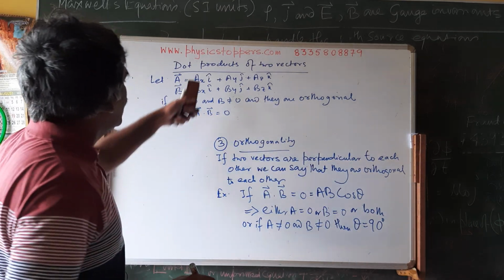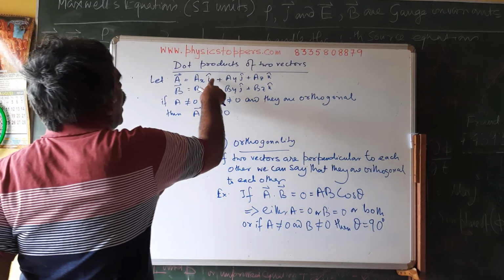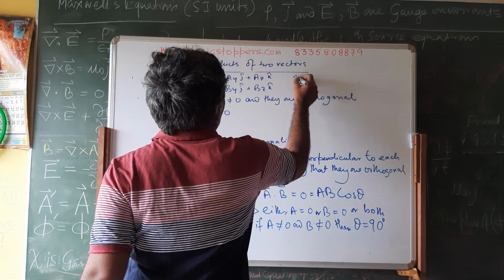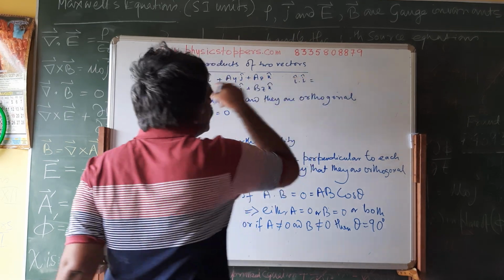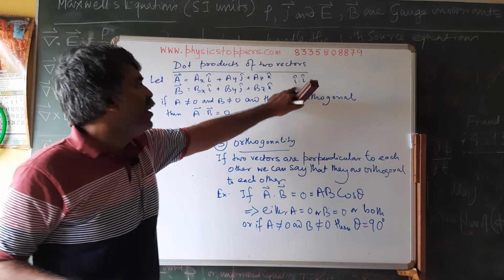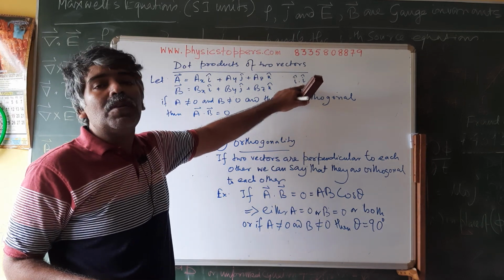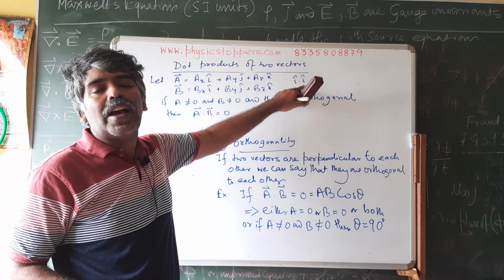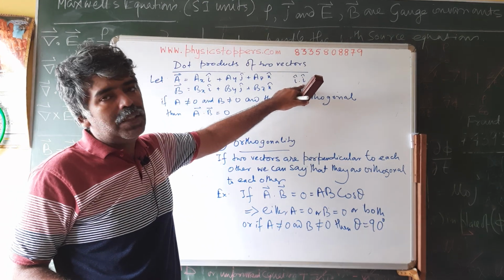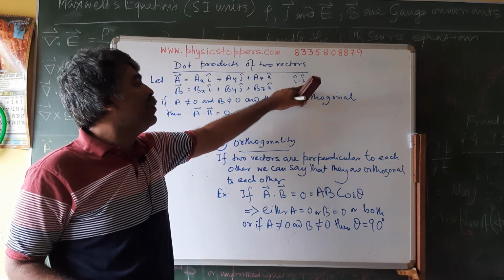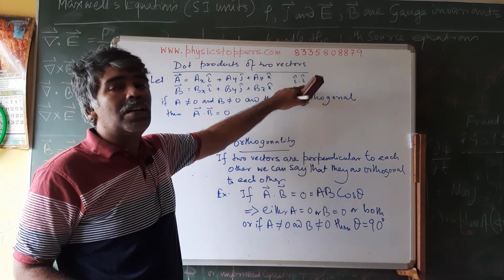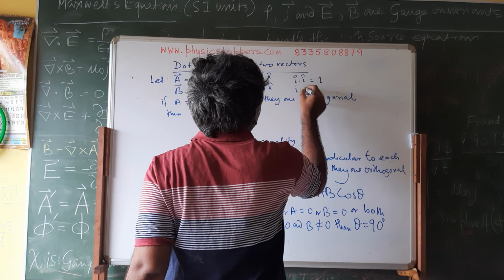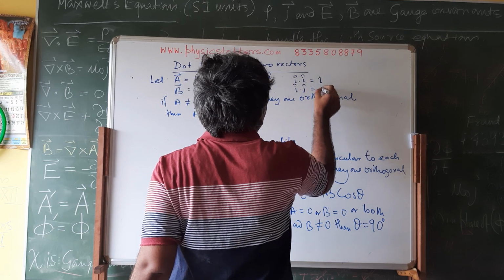Now, if you take the dot product, see, what is I dot I? I cap dot I cap. The angle between I and I is 0. I cap is the unit vector along x. You check the unit vector video. So this is 1, but I dot j is equal to 0.